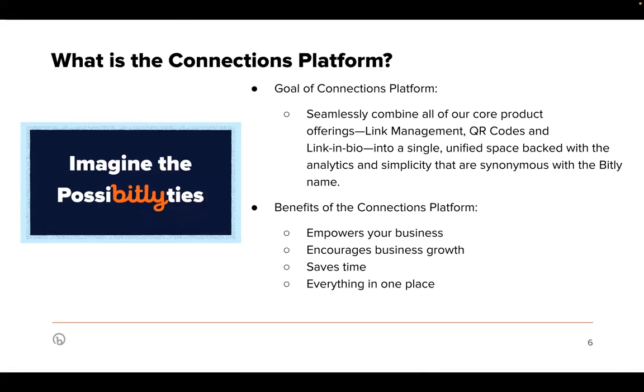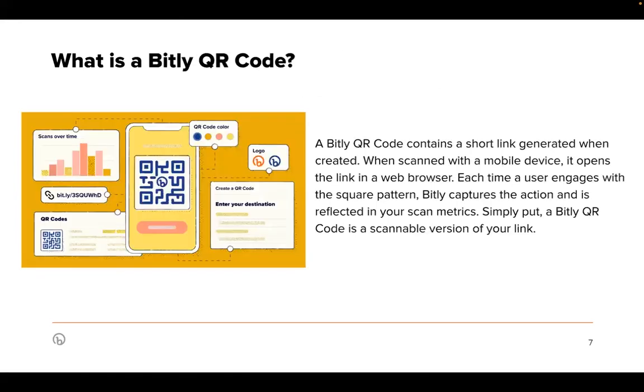It encourages business growth with all the metrics that we provide behind the product offerings. It saves you time, again, having everything in one space, and ultimately makes it seamless to share all of the products you're creating. So now that we're a little more familiar with the Connections platform, I want to pass it to Alex, who's really going to dive into the QR codes offering.